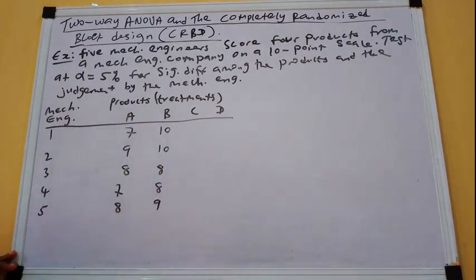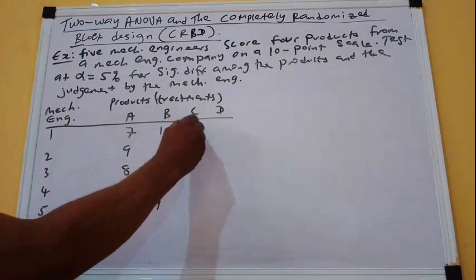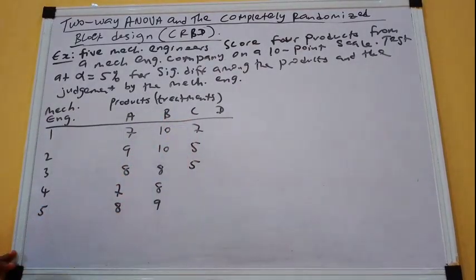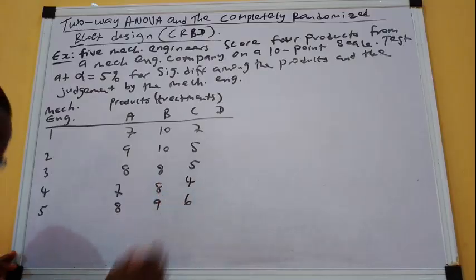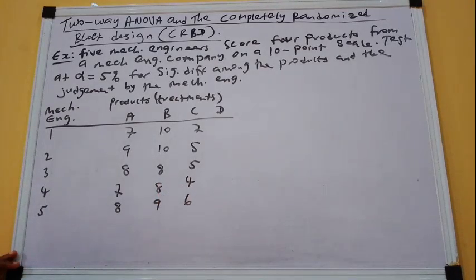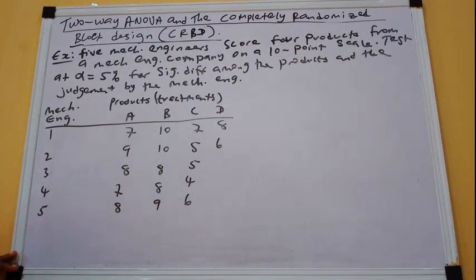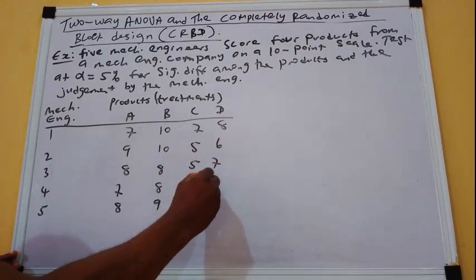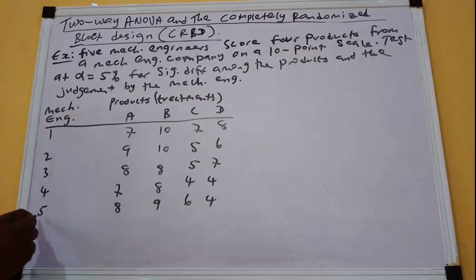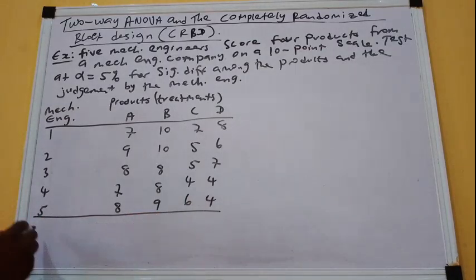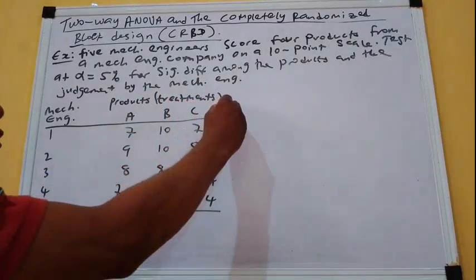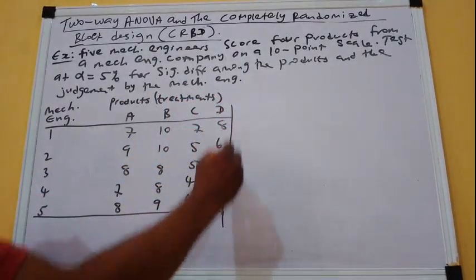Then the third one is 7, 5, 5, 4, 6. Then the fourth one, from the last product or treatment, is 7, 4, and 4. Now it is very important you create columns and rows for the totals.